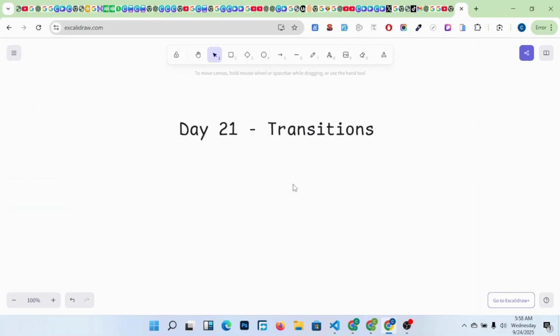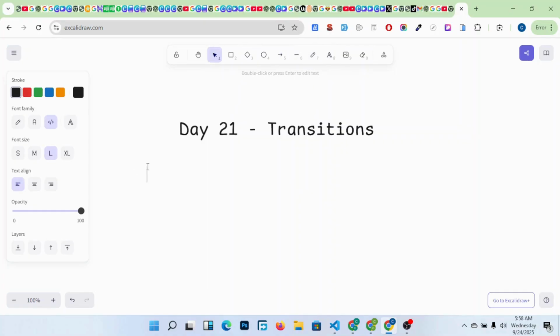Today, what is a transition? A transition is a change in state, a change in state of something.